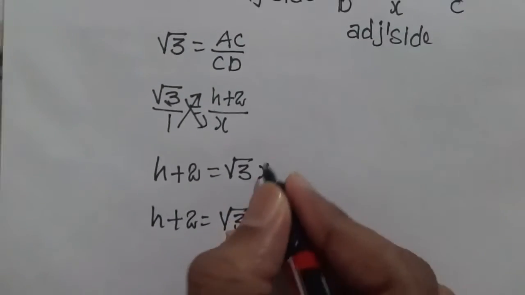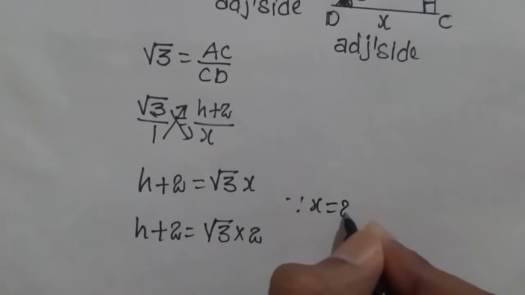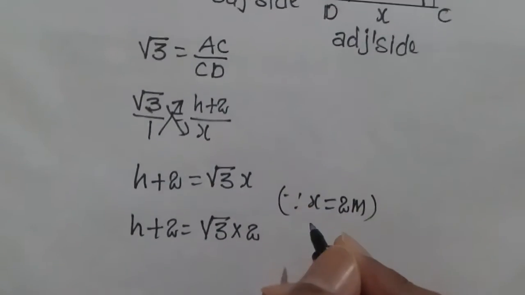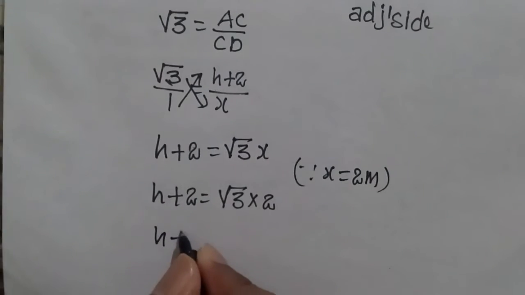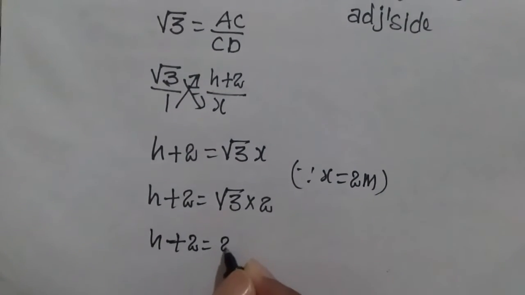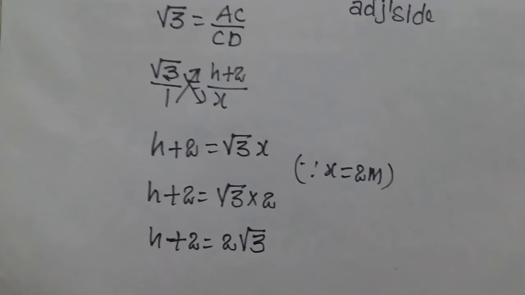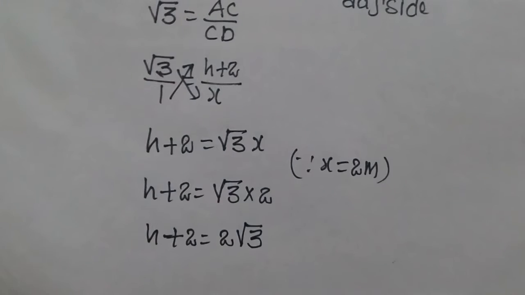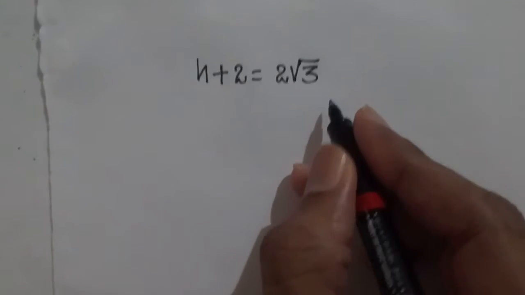I am writing 2 in the place of x. Now h plus 2 is equal to 2 into root 3.